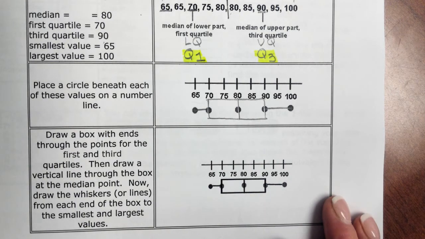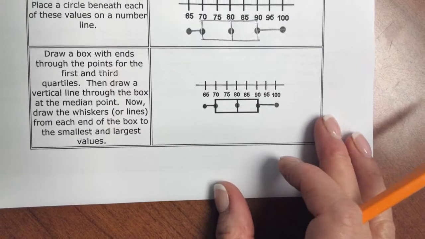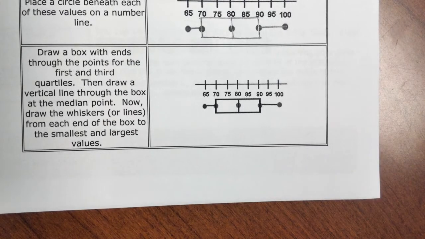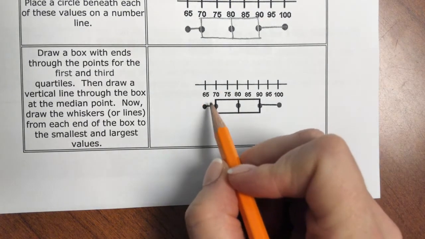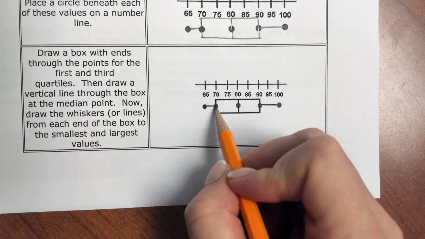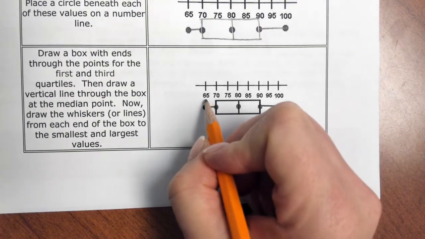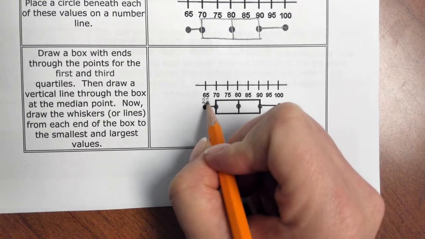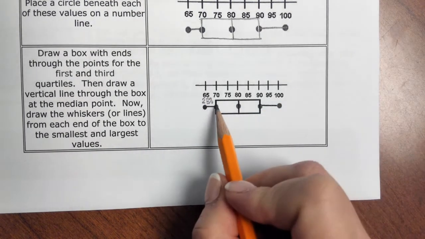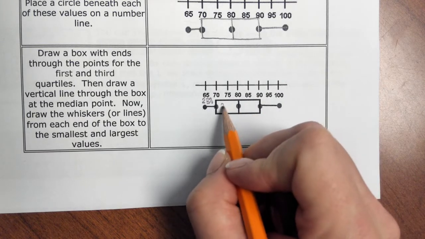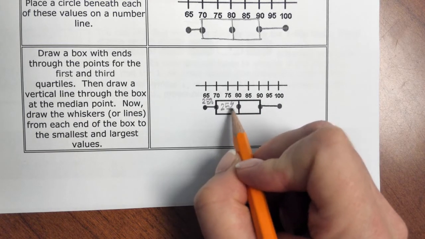But here's what I want you to think about. We were talking about how it's separated into quartiles, 4 equal parts. So that means that this first part here, from the whisker to quartile 1, is 25% of the data. And from quartile 1 to the median, that's another 25% of the data.